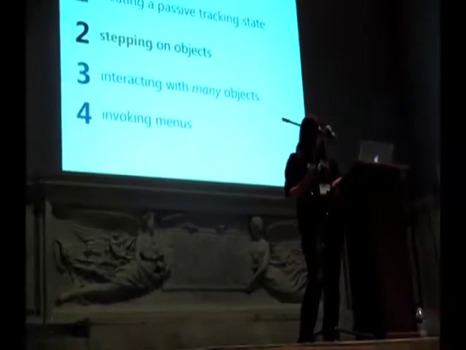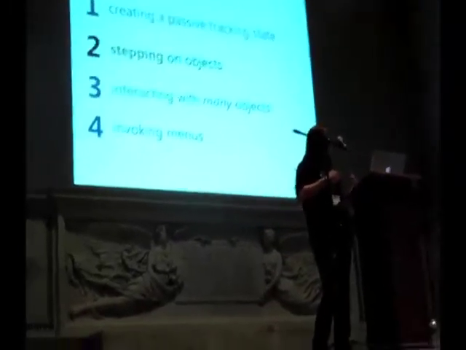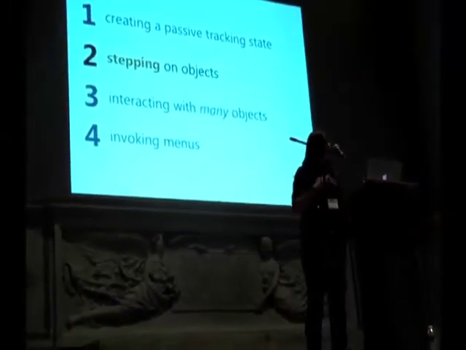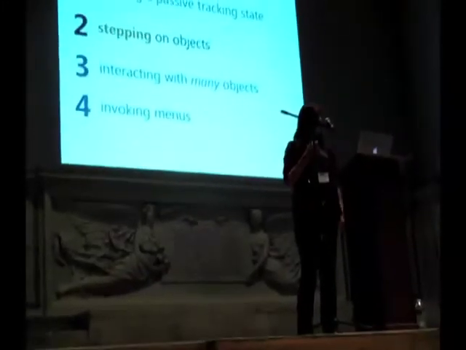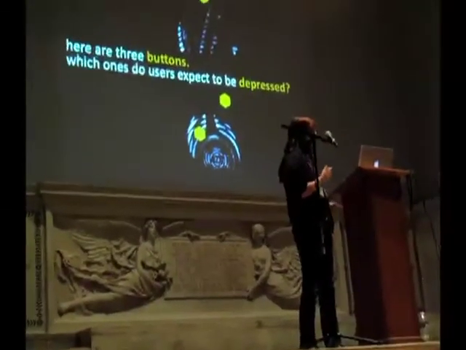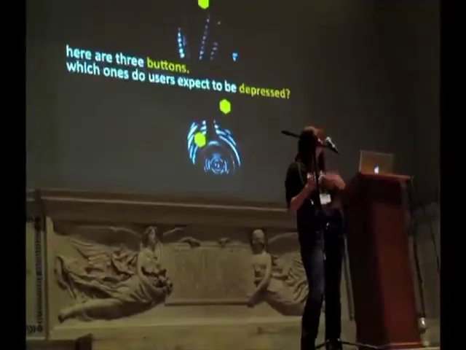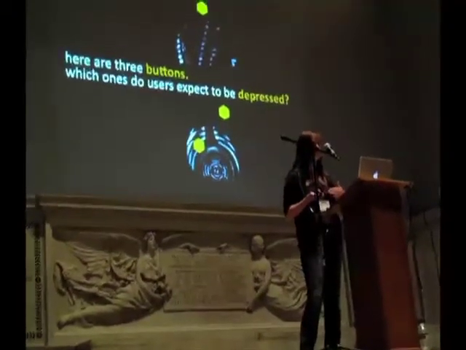So now that we know when users activate, it's important to know what they are actually interacting with. For example, here are three buttons. So which one do users expect to be pressed?